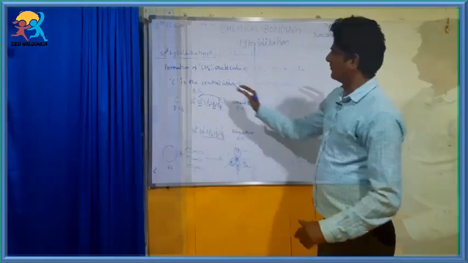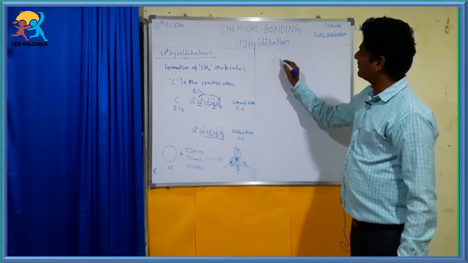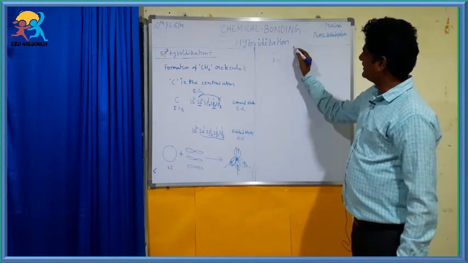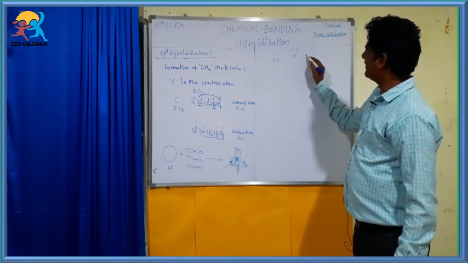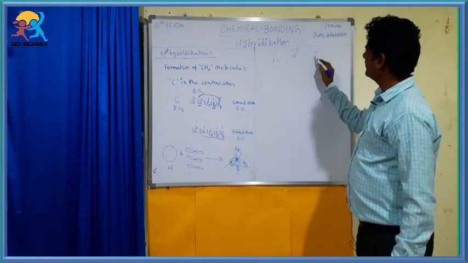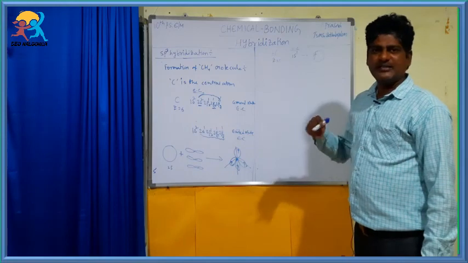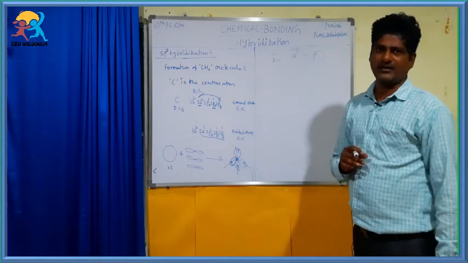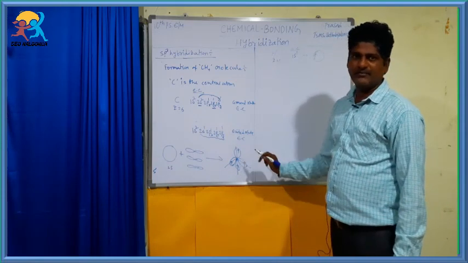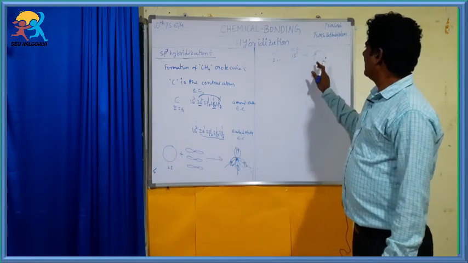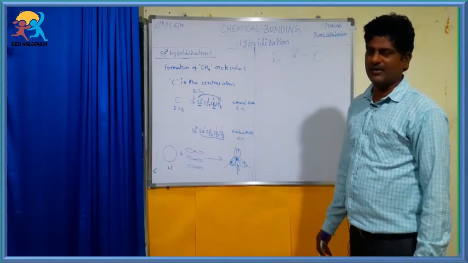Okay, 4 hydrogen atoms. Now what is the atomic number of hydrogen? Hydrogen atomic number is 1. Its electronic configuration is 1s1. Next, what is the shape of s orbital? Spherical. So here hydrogen atom also has one unpaired electron in the s orbital. So the 4 sp3 hybrid orbitals of carbon overlap with 4 s orbitals of hydrogen atoms and form a CH4 molecule.